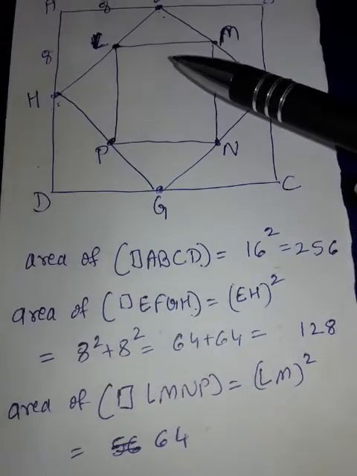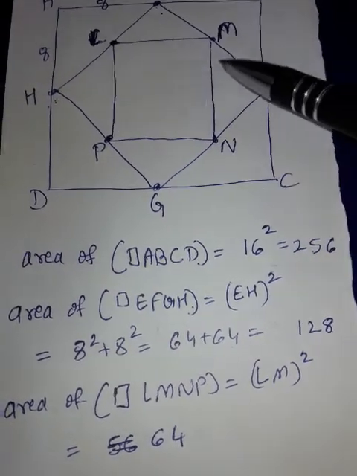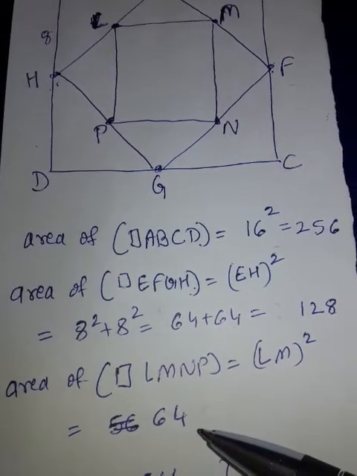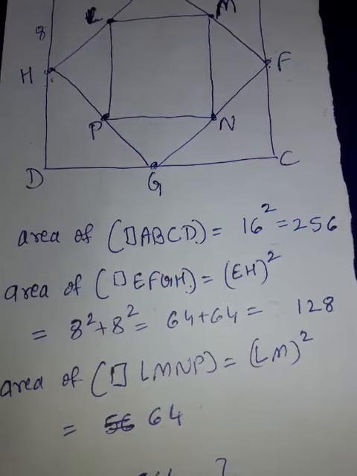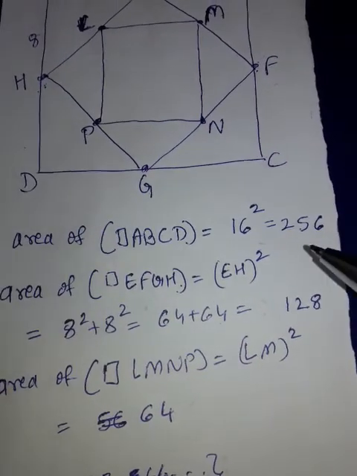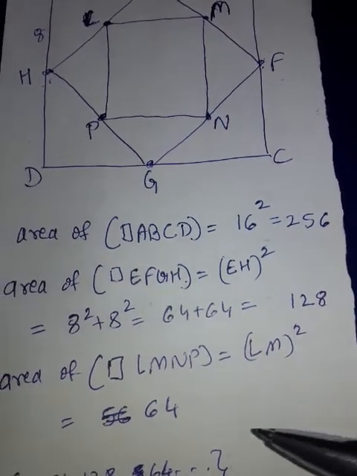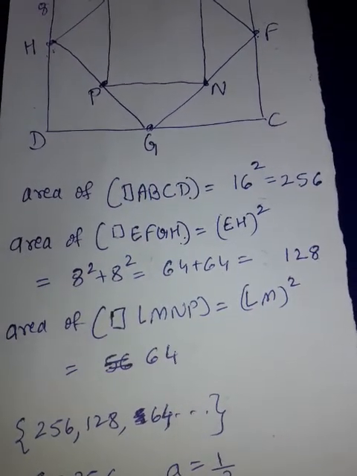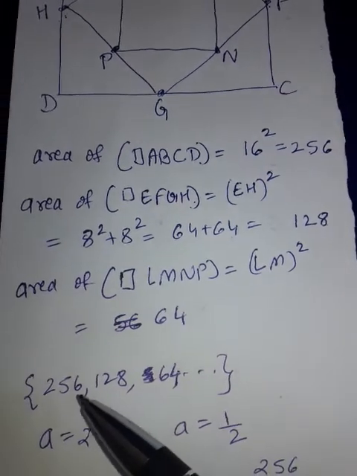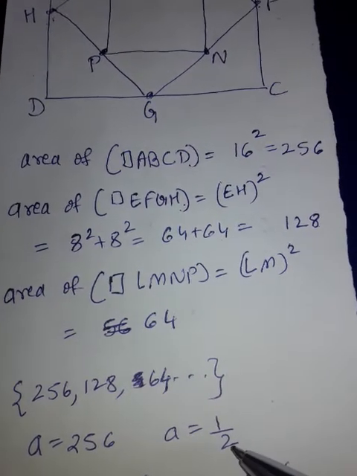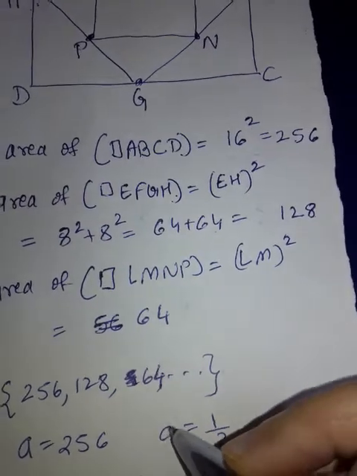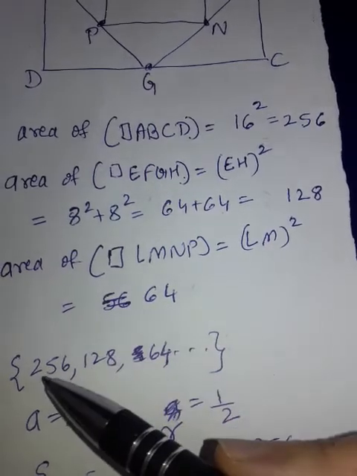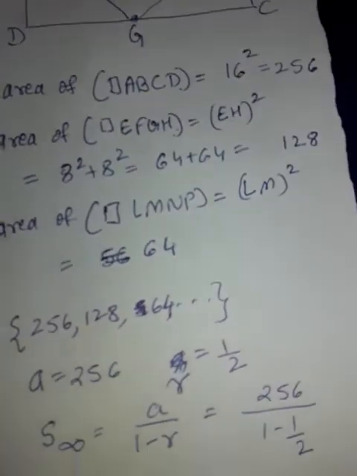In similar fashion, when I find the area of LMNP, I get it as 64. You can also try and find out. It comes out to 64. Now observe these areas: 256, 128, 64. What do you see? It is a GP, geometric progression, where A, the first term, is 256, and R, the common ratio, is half, second term upon previous term, R is half.